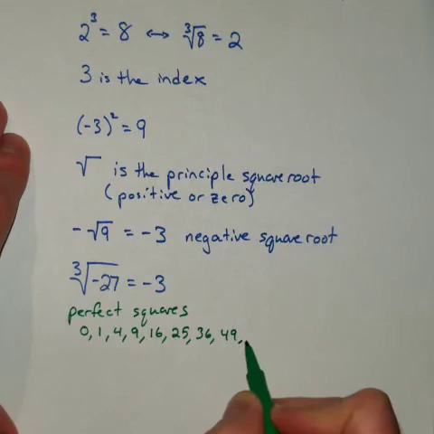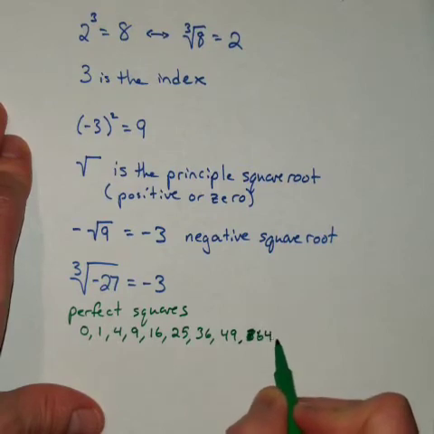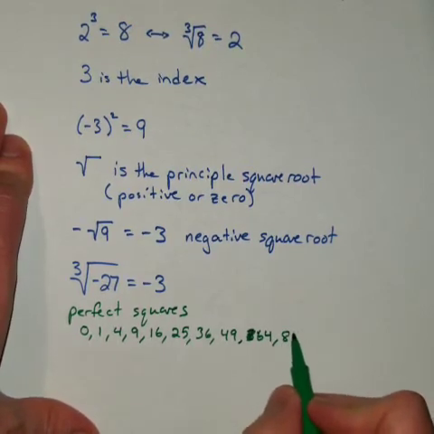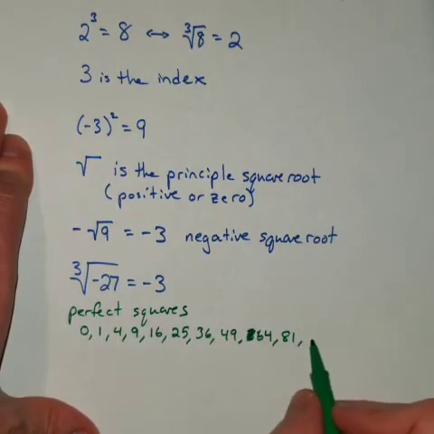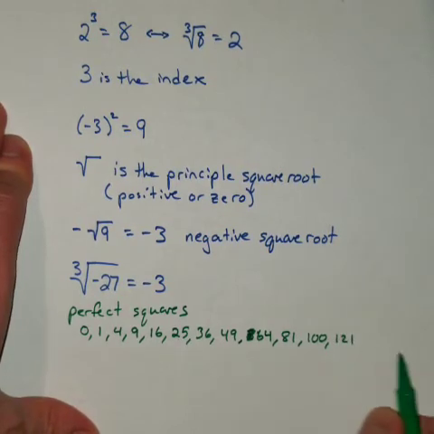49. Nope, 64. I don't know what I'm writing there. 81. I was probably jumping ahead, wasn't I? 100. 121 is 11 squared.